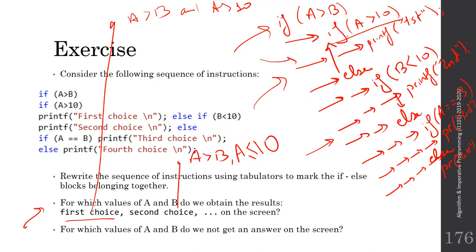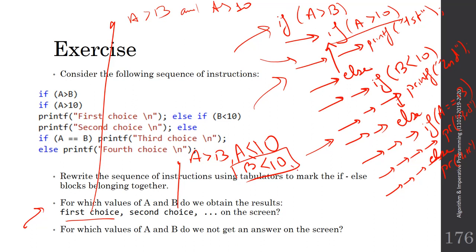So whenever A is less or equal to 10, I will be in else, and let's see, in order to printf second, B should be less than 10. This one is not necessarily needed, because we have A is less or equal to 10 and B is less than A. So B is less than A and A is less or equal to 10, and we have B less than 10.